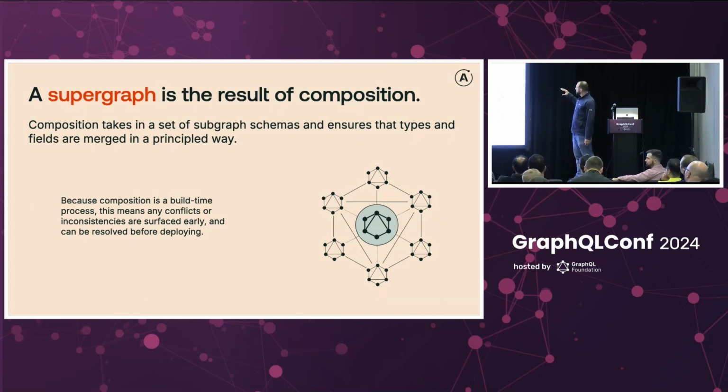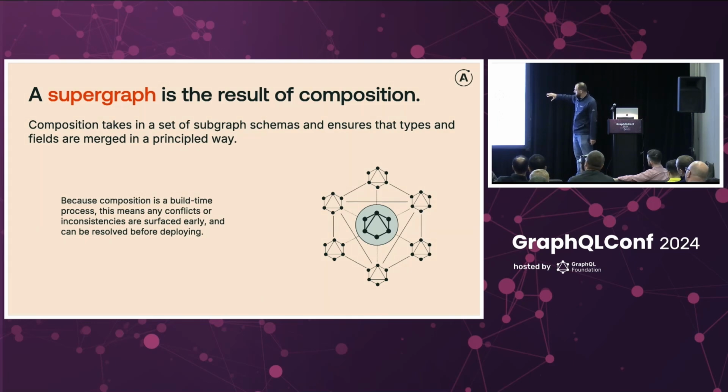It's the result of a process of composition. This process takes in a set of subgraph schemas, and ensures that the types and fields that you define in your subgraphs actually fit together. I'll say more about how that works later, but there's a very principled way of thinking about the process of composition.